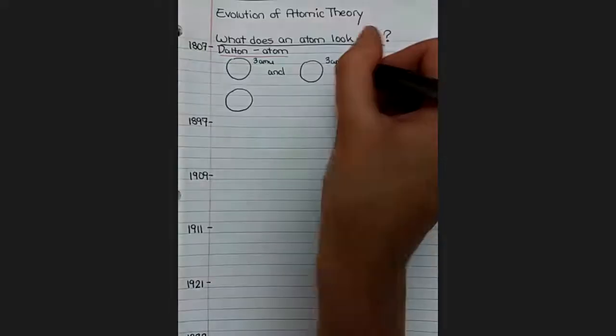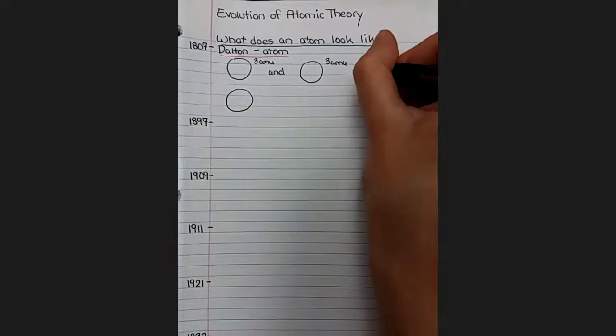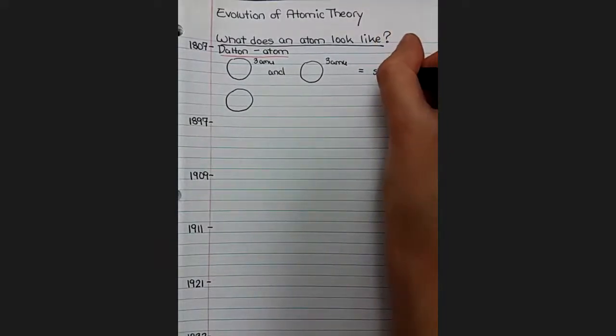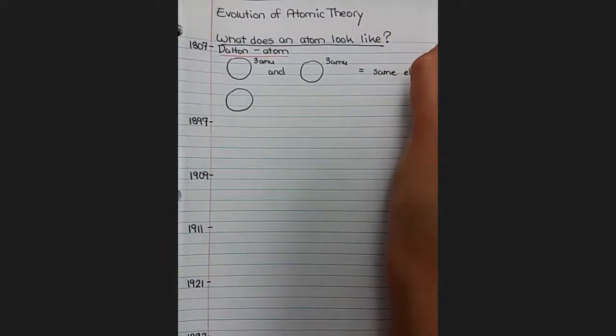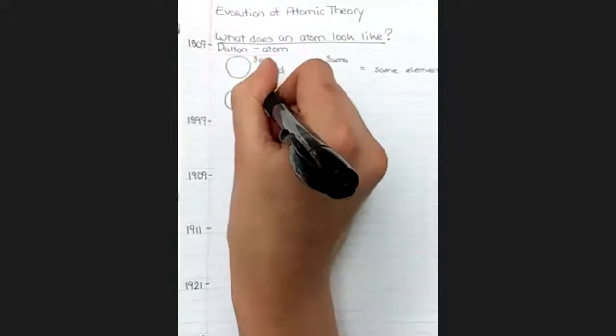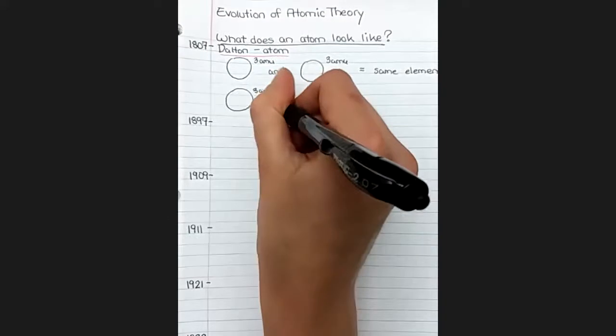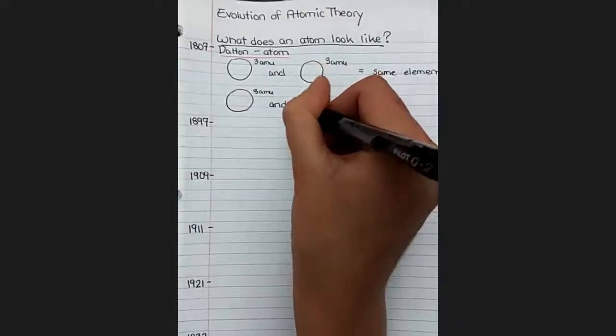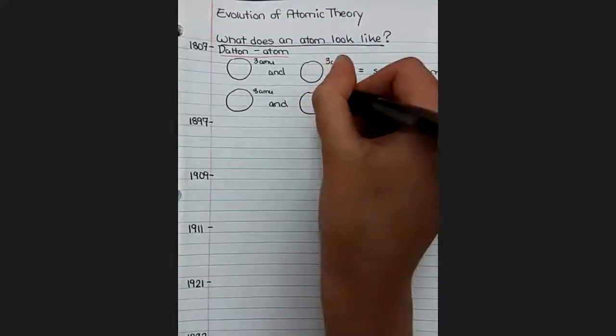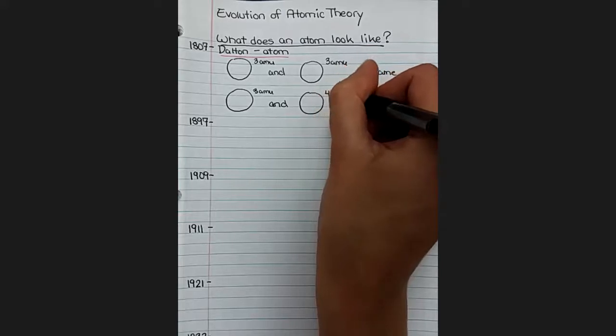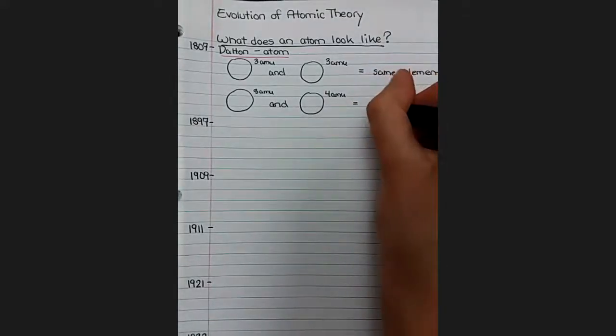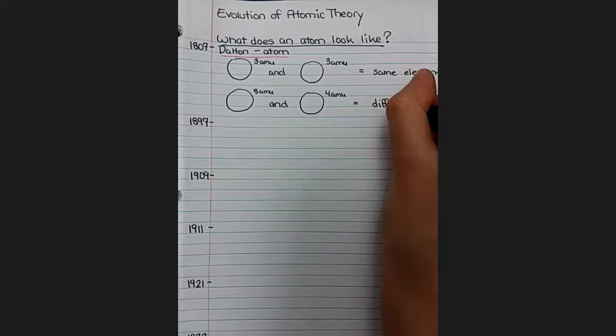This is an atomic mass unit, a measure of mass. If two atoms have the same mass, then they must be the same element. And if we have two atoms and they have different masses, so let's say one of them is 3 and one of them is 4 atomic mass units, then we're going to say these are fundamentally different elements.